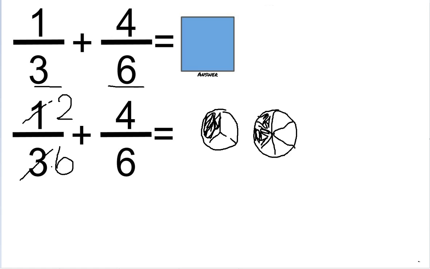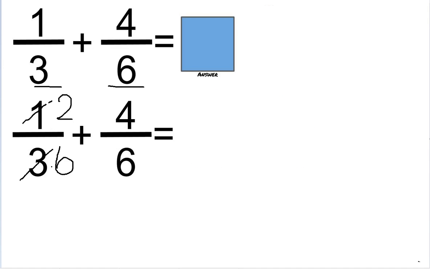So now what I have here is two denominators that are the same. So now that they're the same, I can add them together. And when adding with fractions, your denominator never changes.